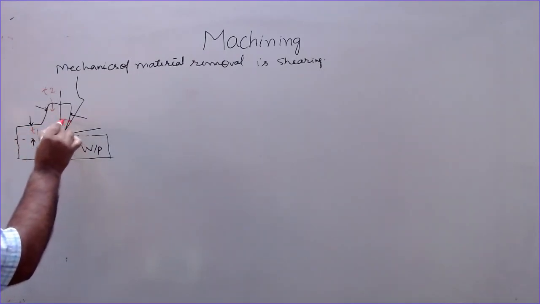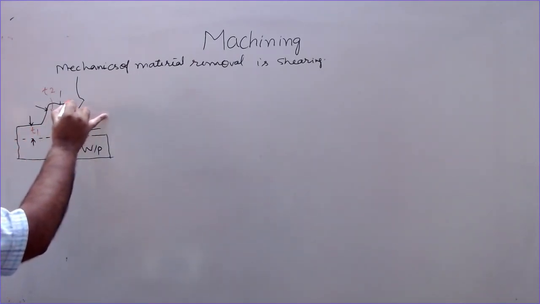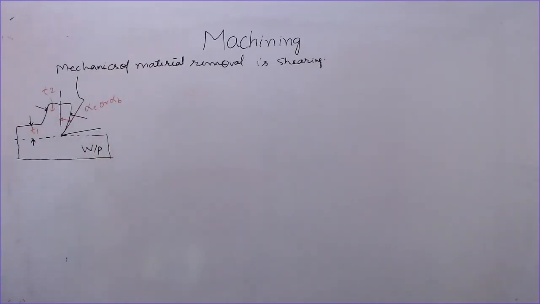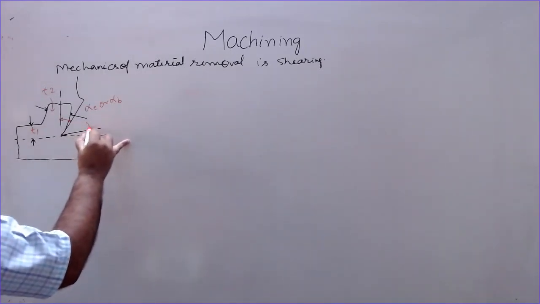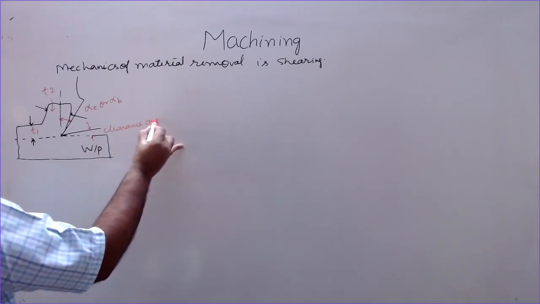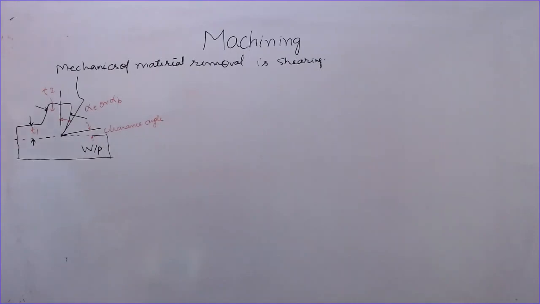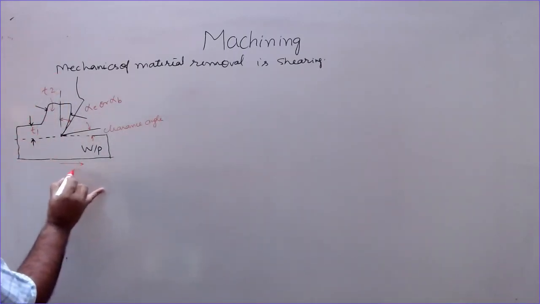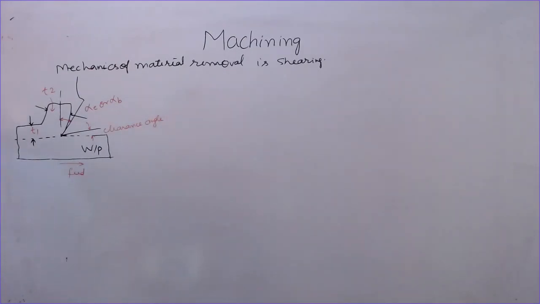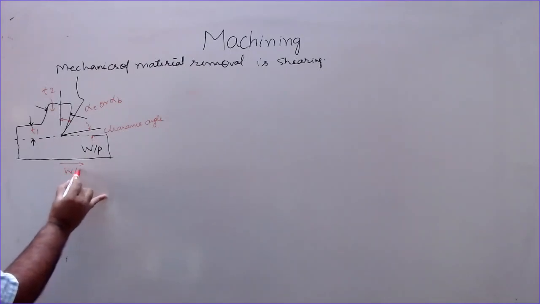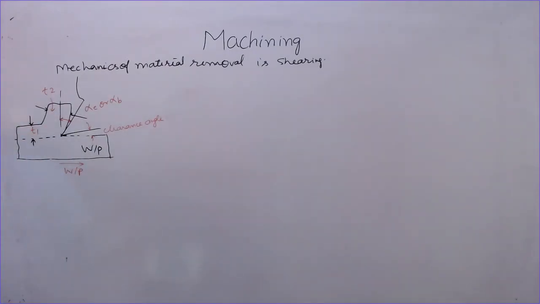And this angle is known as back rake or end rake angle, alpha E or alpha B. Generally we will write this as alpha. This is the clearance angle. So this is the geometry which shows how the chip flows over the surface. So feed is given here in this direction, means this feed is given, or if you don't call it feed, then you can say that workpiece is moving in this direction.